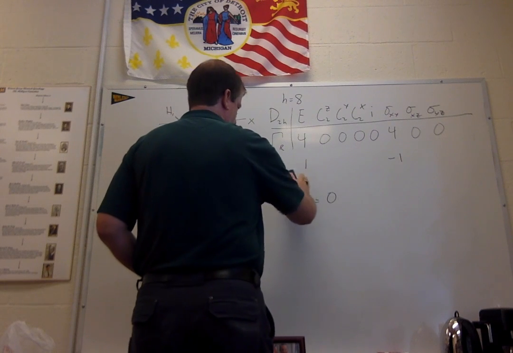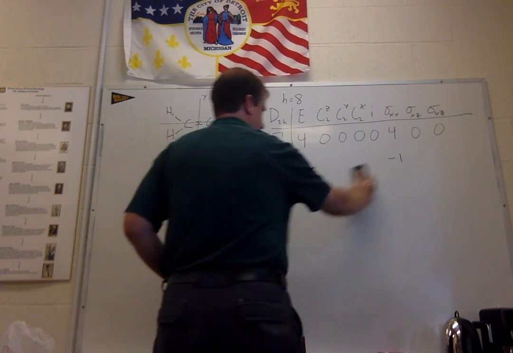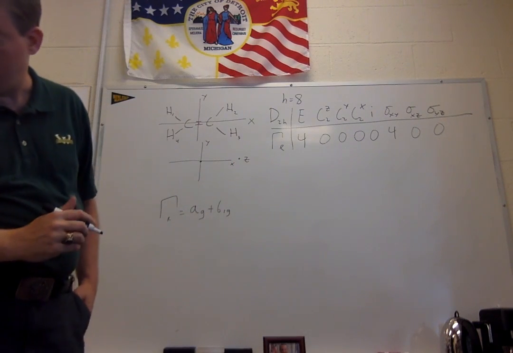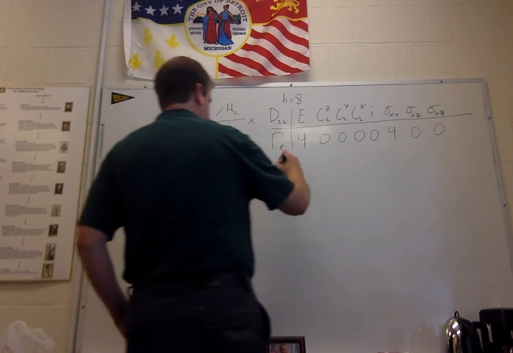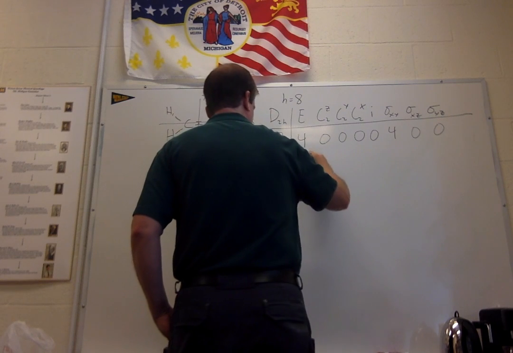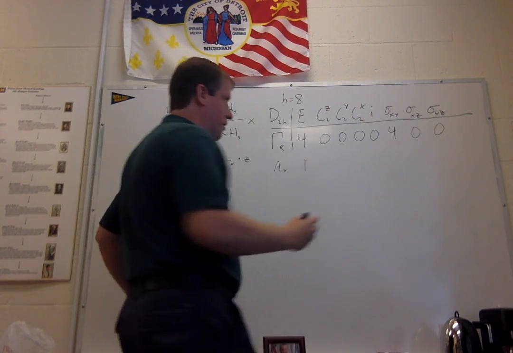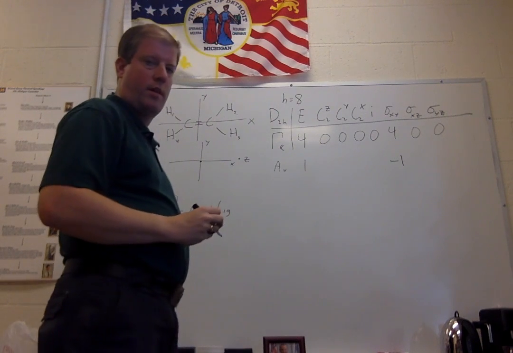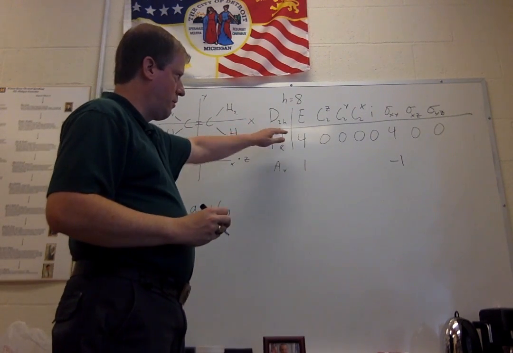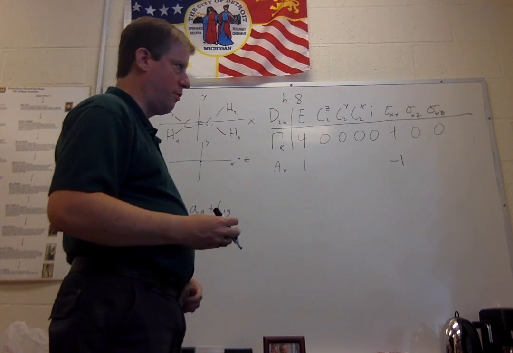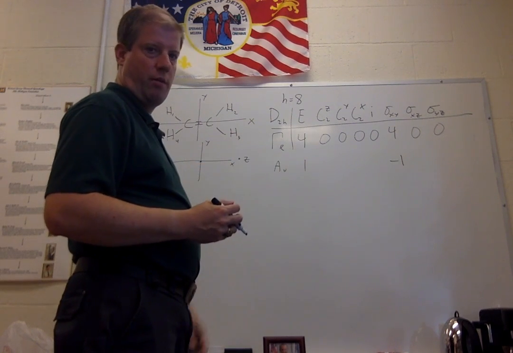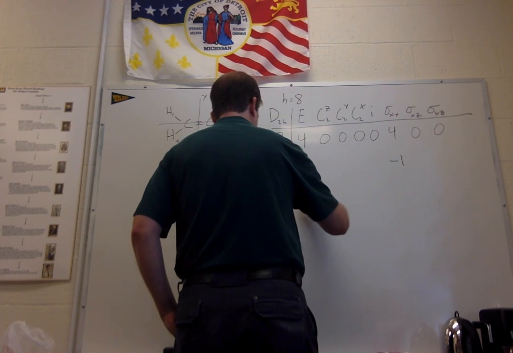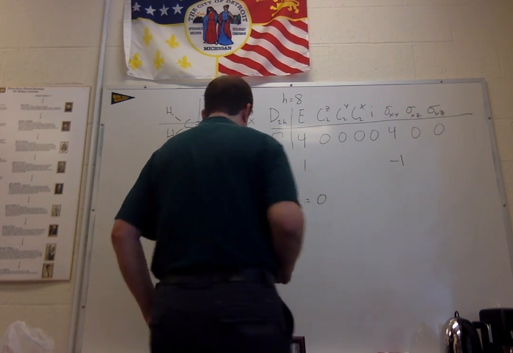The fifth element that we have is Au. With a character of 1 here and a character of negative 1 there. So again, we're going to go 1 times 4 times 1, which is 4. 1 times 4 times negative 1, that's 0. And so the contribution of Au is 0.